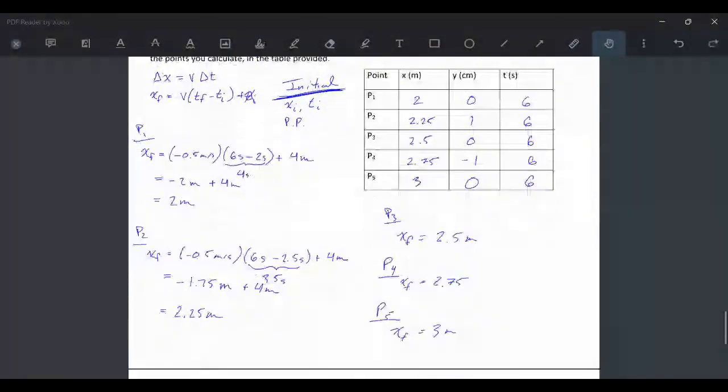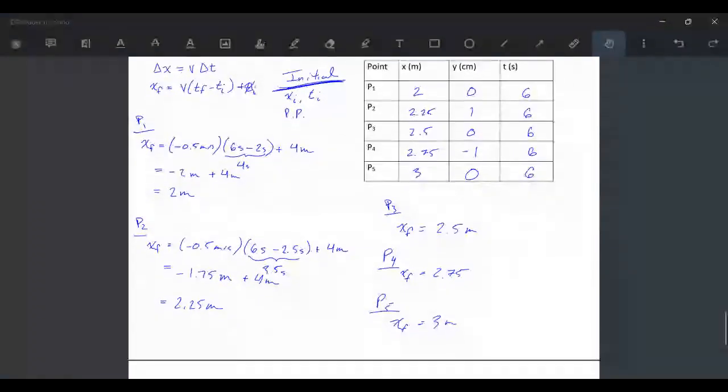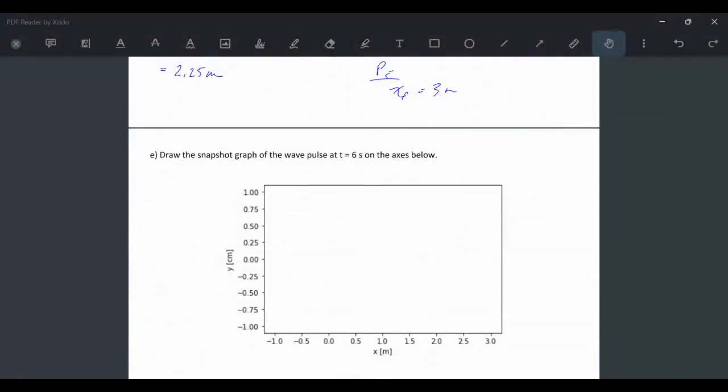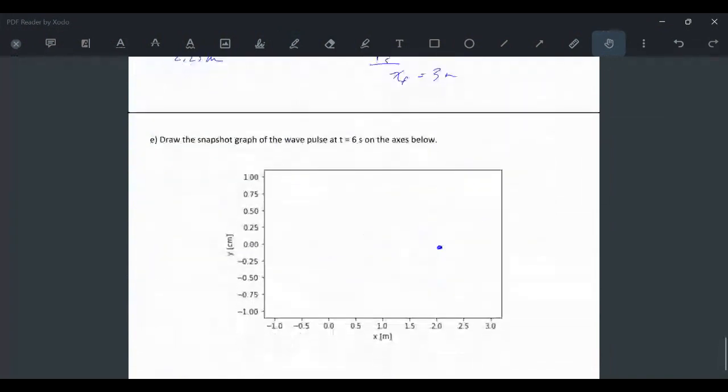Okay, so let's just copy our points from our table onto our graph. So we want to put a point at 2, 0. I think our scale is a little bit shifted, but it'll be fine. So we have 2, another at 2.5, and another 0 at 3. Something like that.